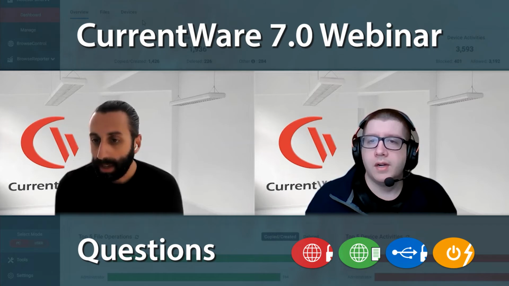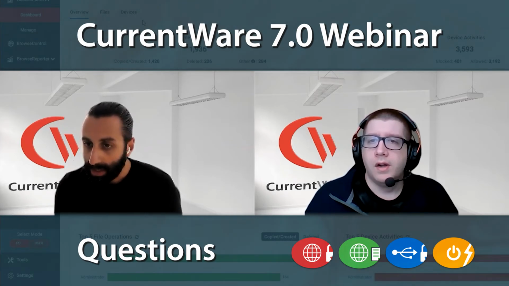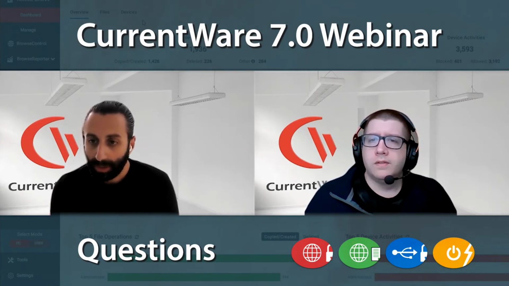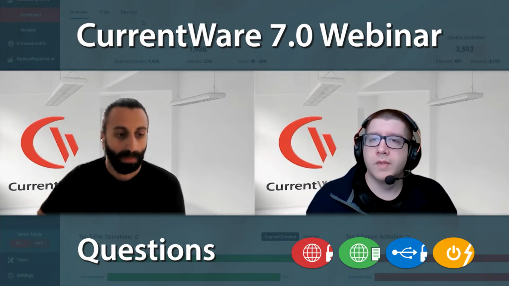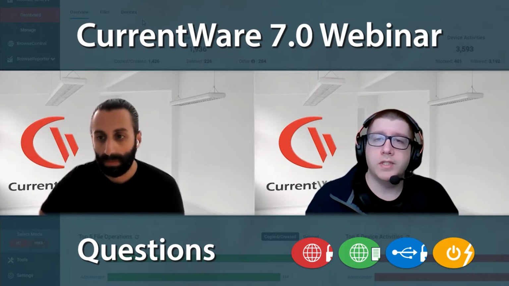We have a question from Jason. Can you elaborate more on URL filtering? We are currently using OpenDNS Cisco Umbrella. Will this be a direct replacement? That's a good question, Jason.